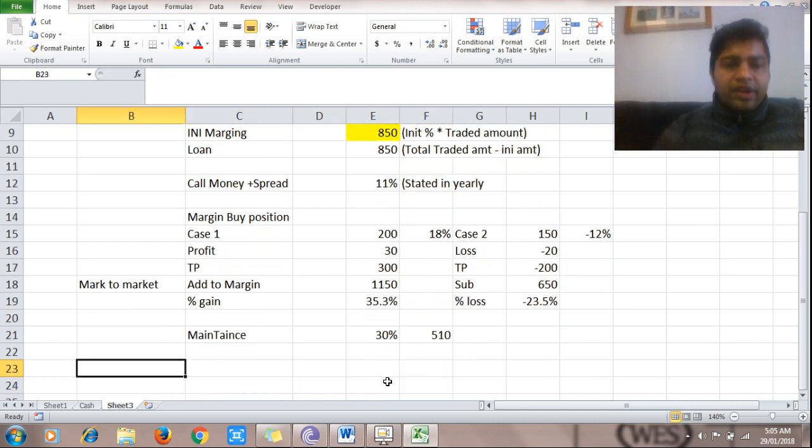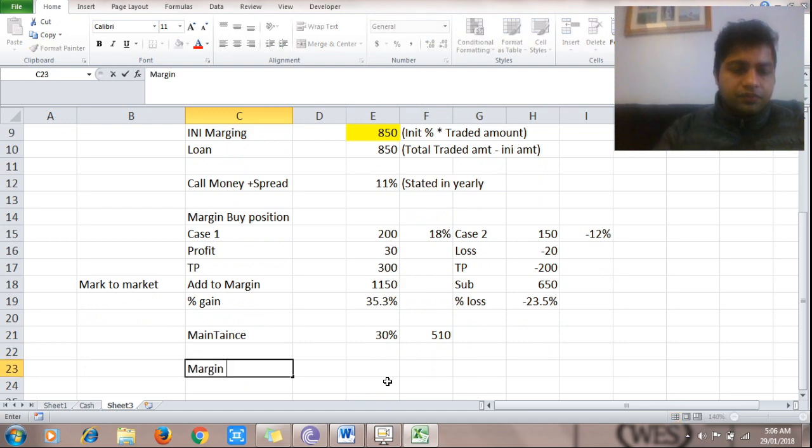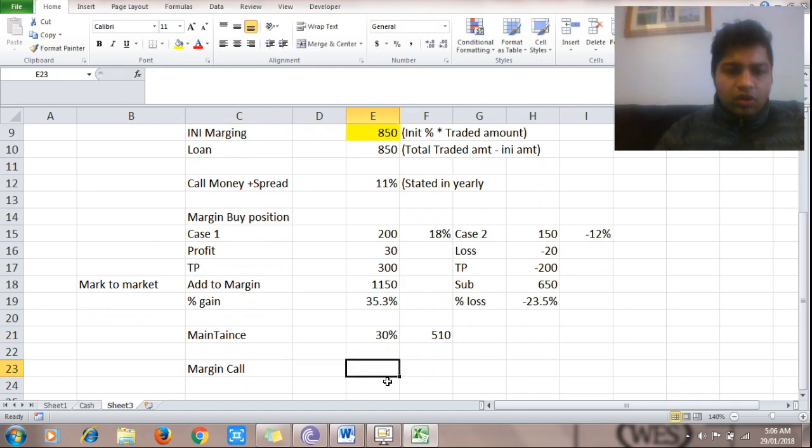Now there is a trick involved. Let's say you get a margin call. So in margin call, you have to increase the margin amount. So put in additional cash. This is called as variation margin.